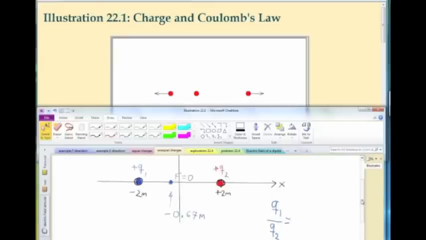So what we want to do is make the force due to the particle on the left at that location cancel or be equal to the force due to the particle on the right. Right? So let's calculate how much is F1 at that location. So F1 is equal to K, Coulomb's constant, times the charge Q1, times whatever charge I have in the middle. It doesn't really matter how much it is. We just call it Q, divided by the distance between the charge and Q1. How much is that distance?